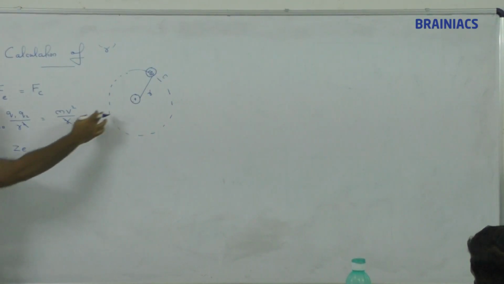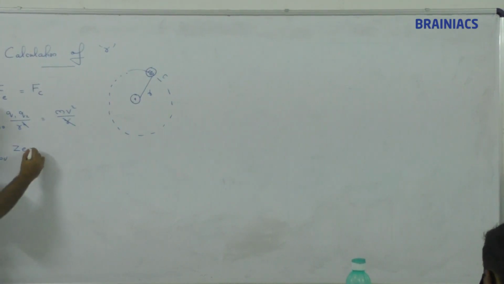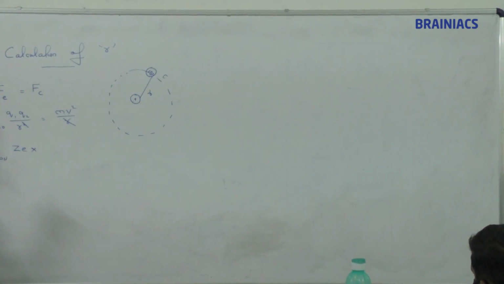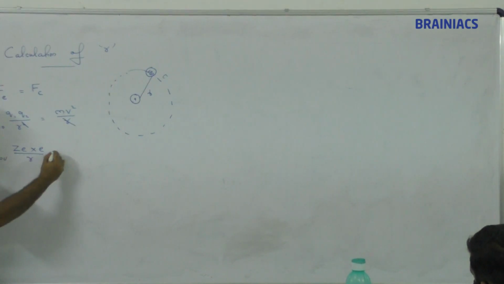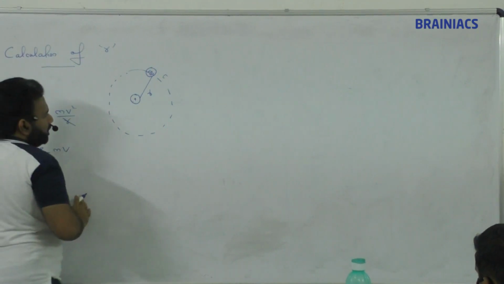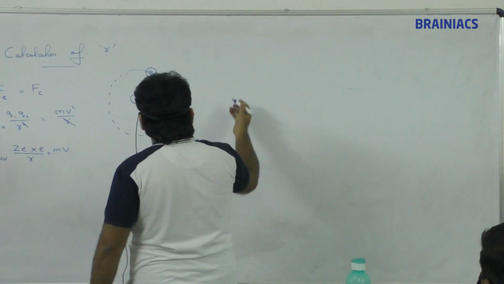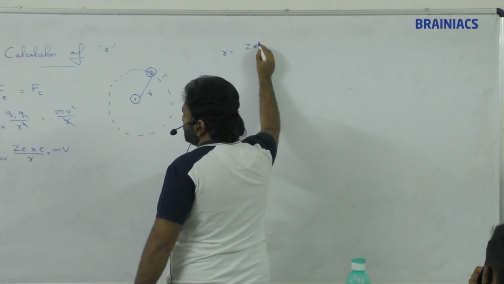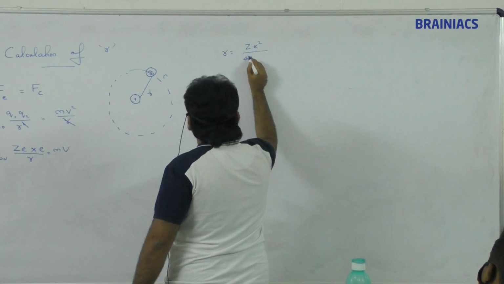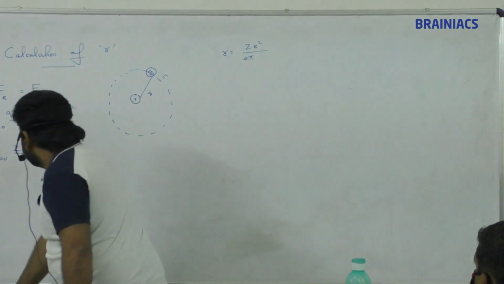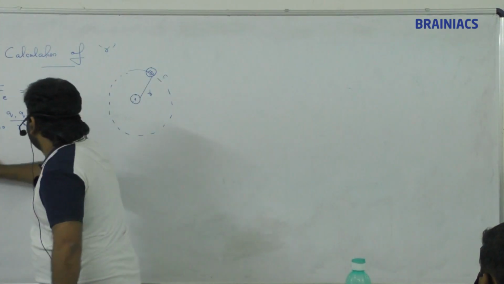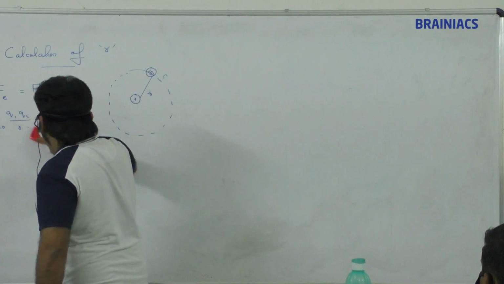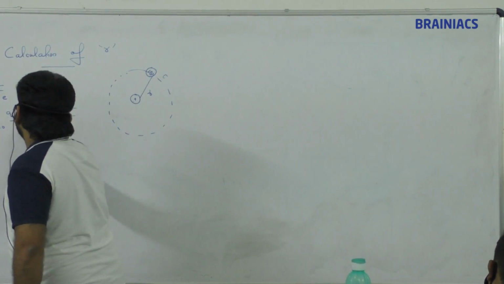The charge of the nucleus is Ze. Let's leave it like this: q1 q2 divided by r square.